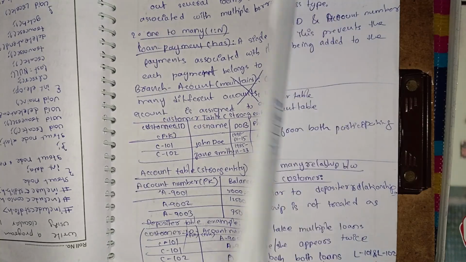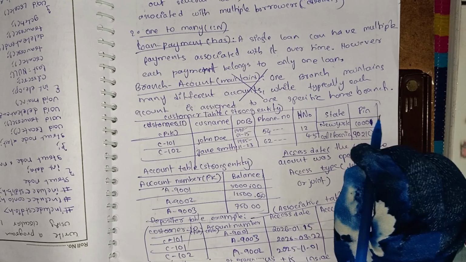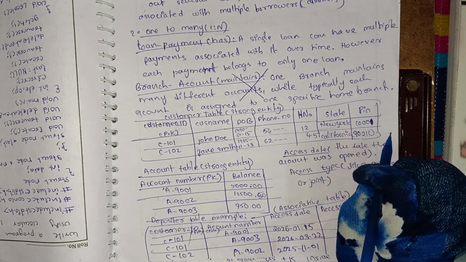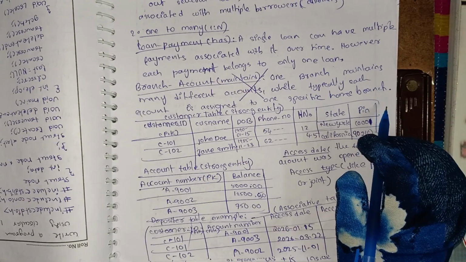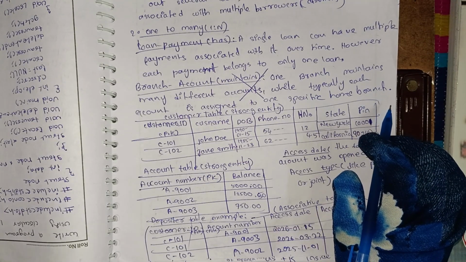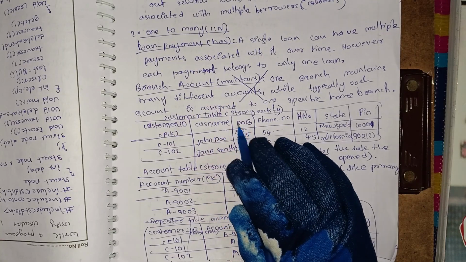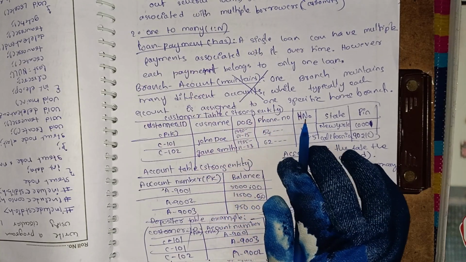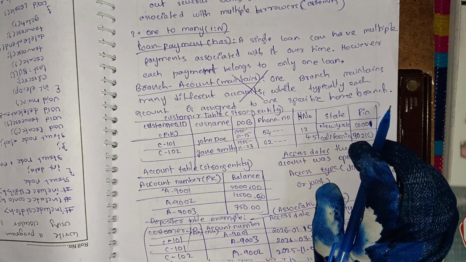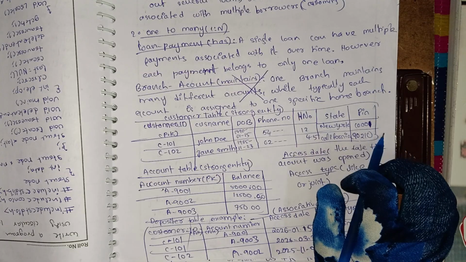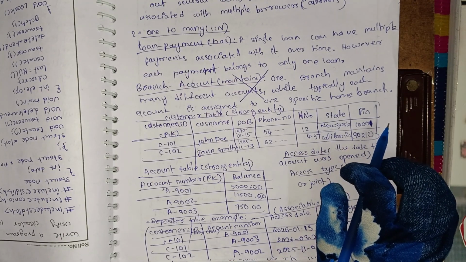Means if I put account number at this place, then customer name, date of birth, phone number, house number and state, PIN should be repeated for each account number, because it's a many to many relationship.